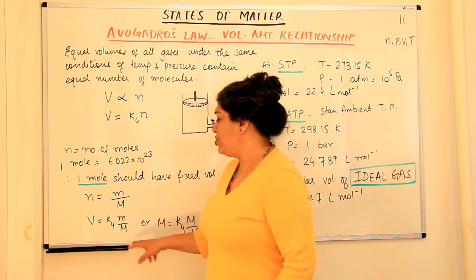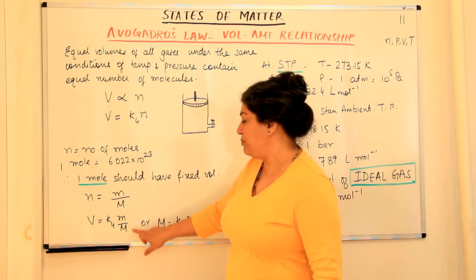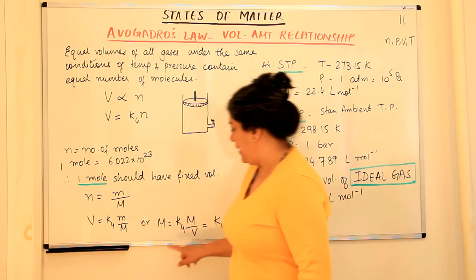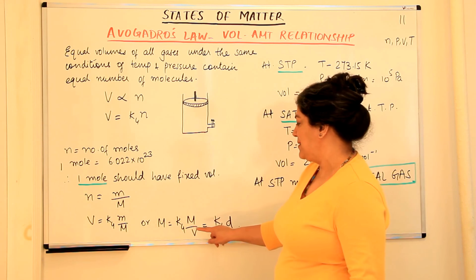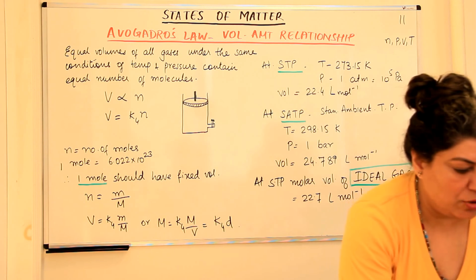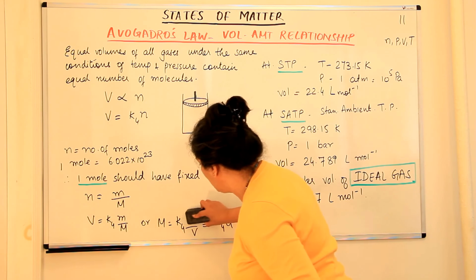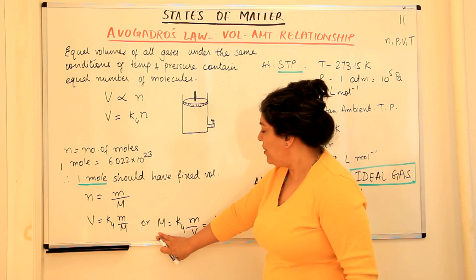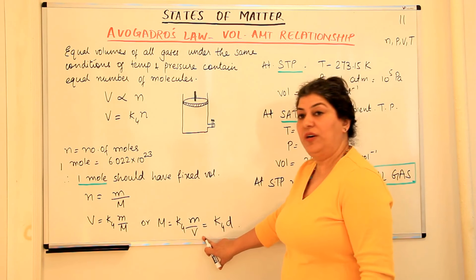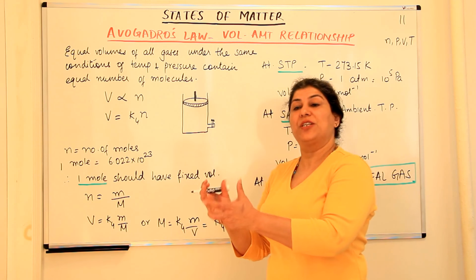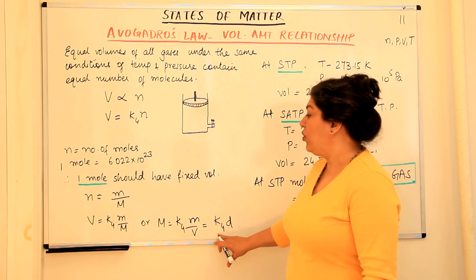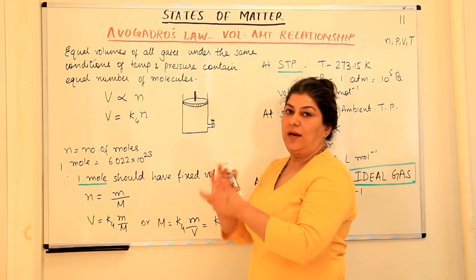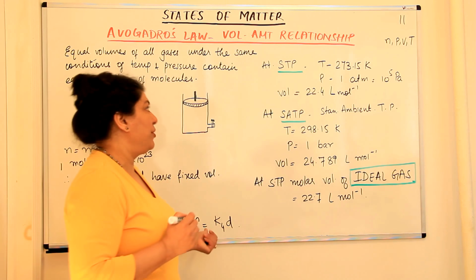In order to get density, which is mass per unit volume, we bring volume down, so molar mass becomes equal to K times m over V, where m is the small mass, the total mass given to you. The mass of the substance divided by volume is density. So we can also say that V is equal to K times D. These are just a little changes made for your numerical problems.